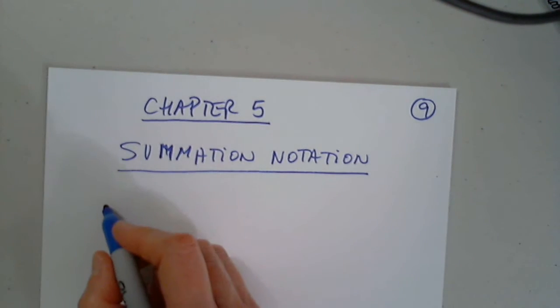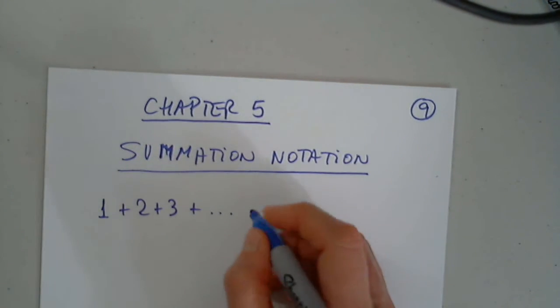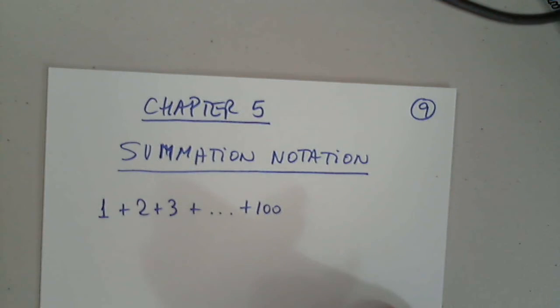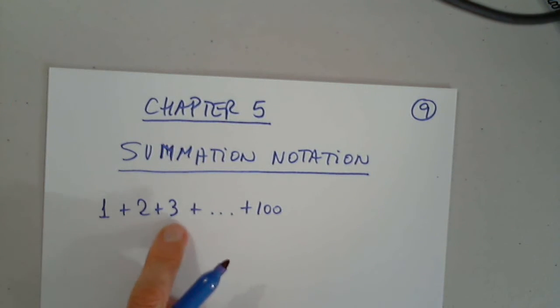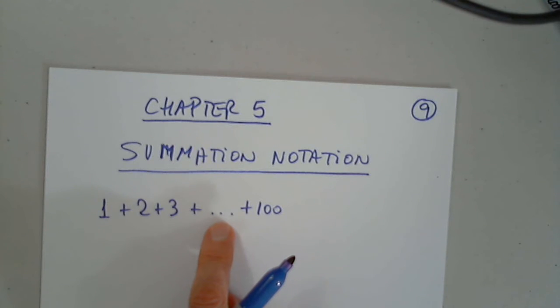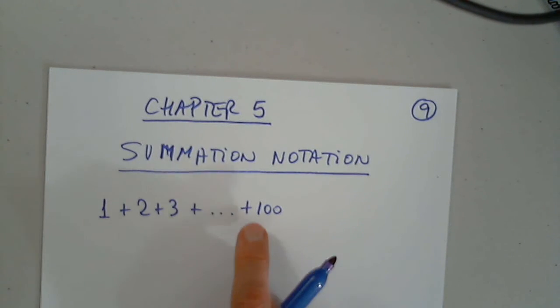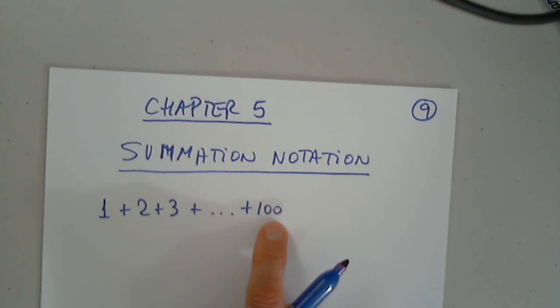For example, let's suppose I want to add 1 to 2 to 3 to ... 100. I don't really want to write this notation. It's too long. I have to write the first 2 or 3, then I have to put plus, then I have to put exactly 3 dots. Mathematically, that's the correct order and sequence, and plus, and the last one.